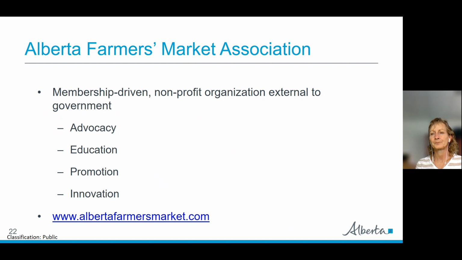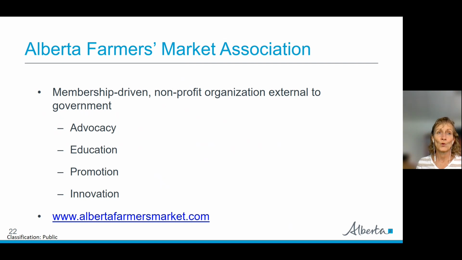So very important. They're there to encourage innovation, and they do that through education and the events that they hold to really encourage people to do things differently and to be very successful and at the front of the pack when they are creating their products and selling their products.